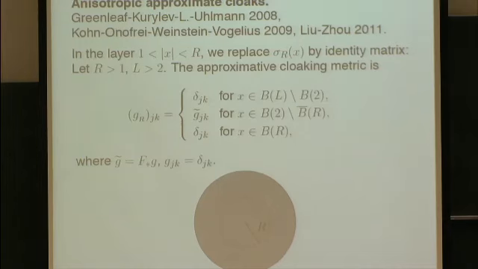This has also been studied by Kohn, Onofrei, Weinstein, and Vogelius. We have actually been more interested in the presence of resonances that appear. This group has studied how to remove these resonances, and also Liu and Zhou have studied this for Maxwell equations.